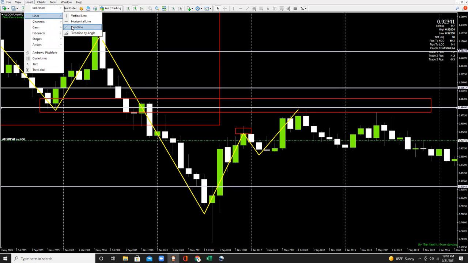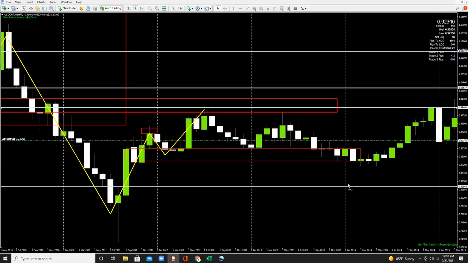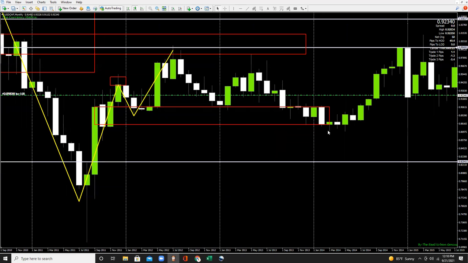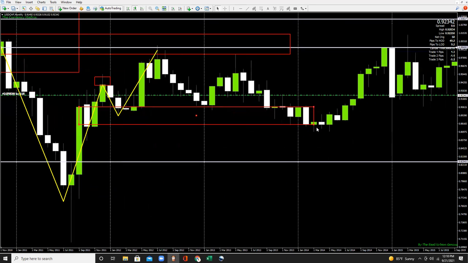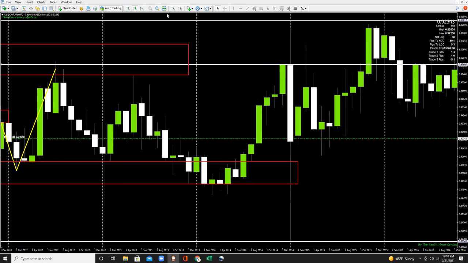I want to highlight this area here where we pause, because it's going to play a significant role in the future. This level was never broken again. All right, price: lower lows, lower highs, higher lows, lower lows, lower highs, higher lows.